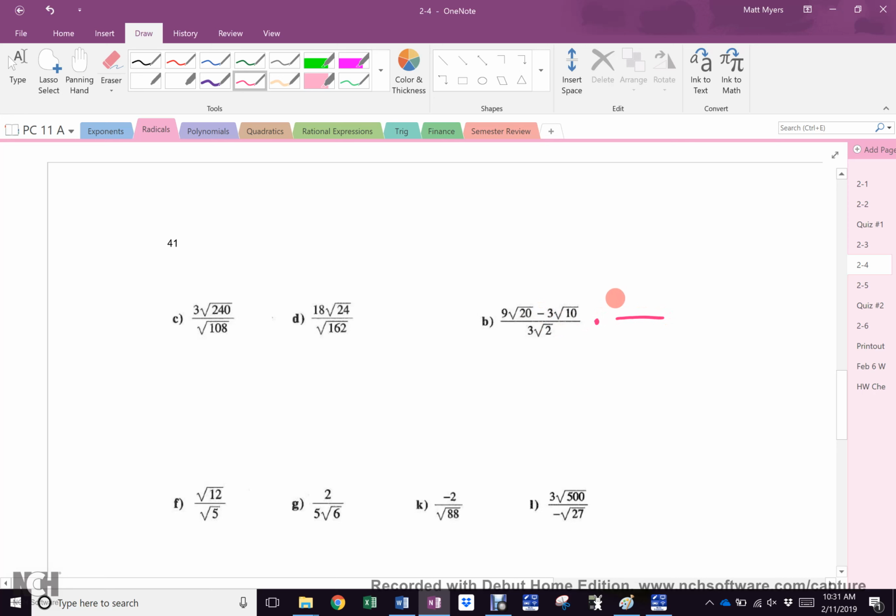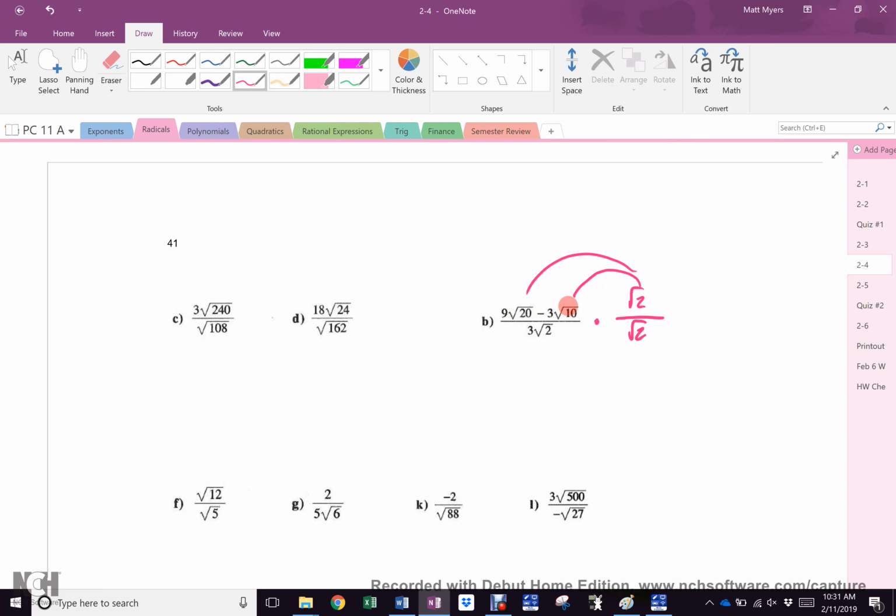You could multiply by 3 root 2, but the 3 is okay. So you could only multiply by root 2 if you wanted. But that means that 2 has to distribute. Watch out for that. This is a binomial numerator, so nothing changes.